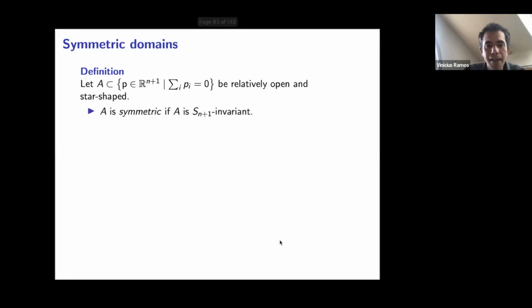We'll say that A is symmetric if it is invariant under the S_(n+1) action. The symmetric group acts on R^(n+1) by exchanging the coordinates. This is not origin symmetry, it's another symmetry condition.